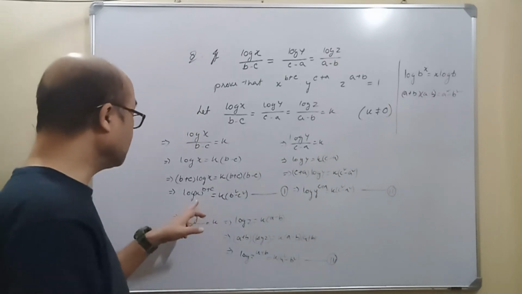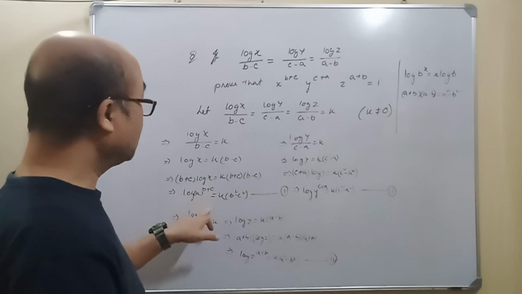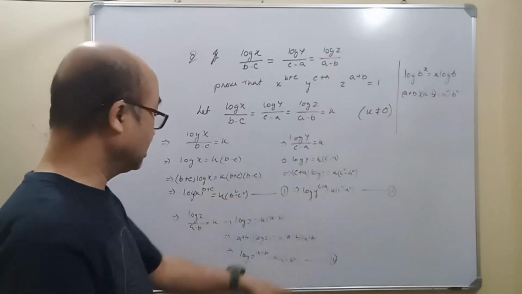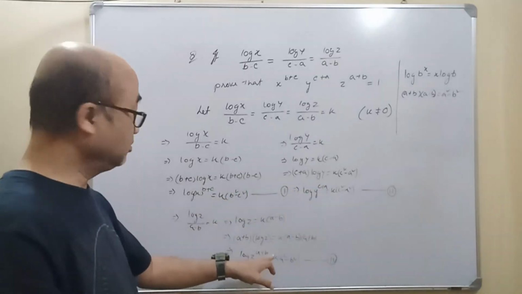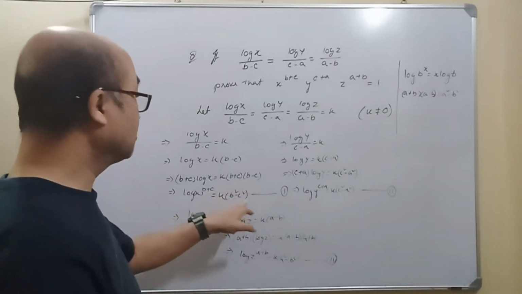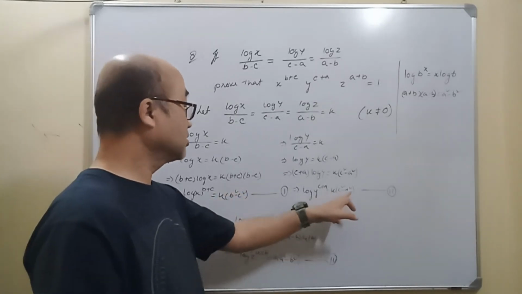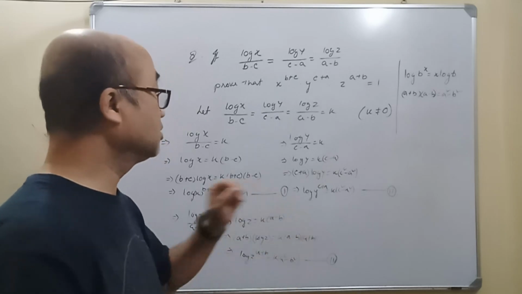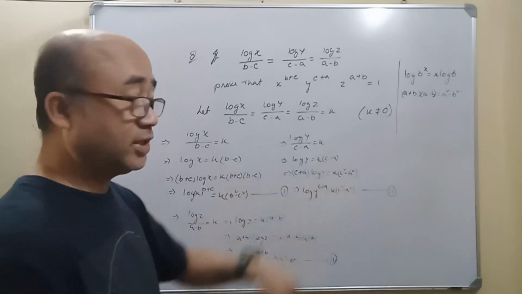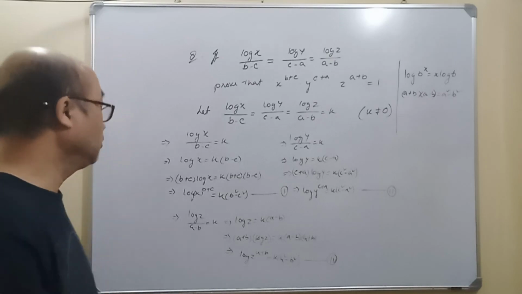So we have three equations: log x to the power b plus c is k into b square minus c square, log y to the power c plus a is k into c square minus a square, log z to the power a plus b is k into a square minus b square. Now if we add these three equations, what do we have?